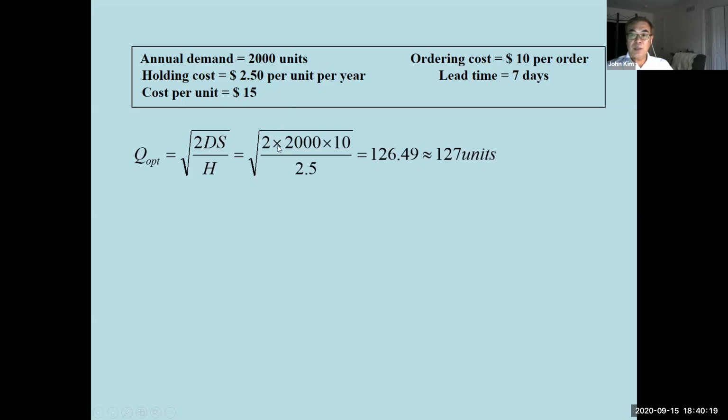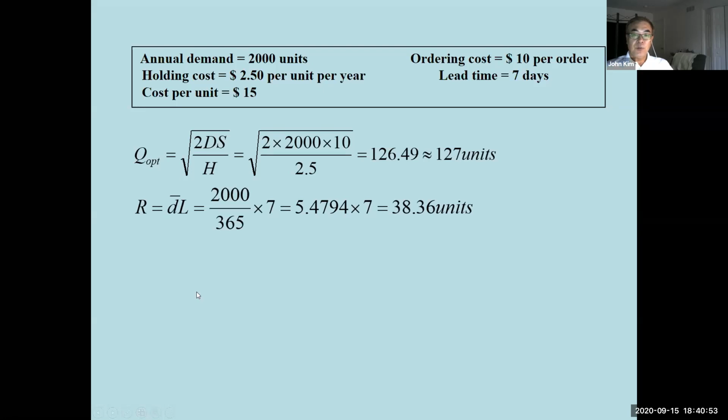So plug in 2 times 2000 times 10 divided by 2.5 equals 126.49. For this, always round up. Even 126.1 still rounds up, to 127.